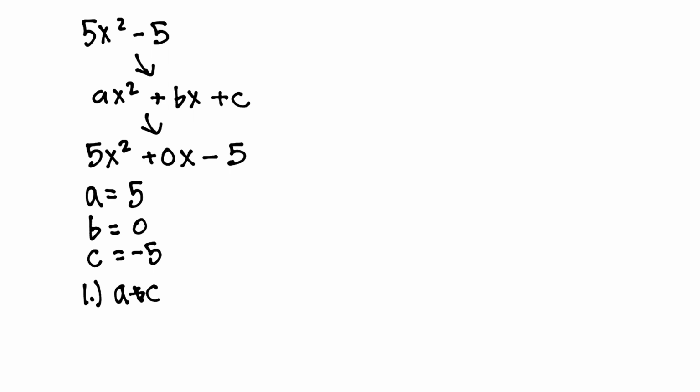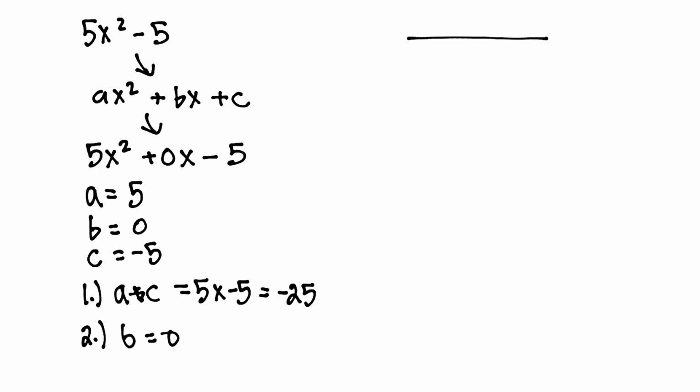So first step, let's identify a times c. That's going to be 5 times -5, which is -25. And now our b is equal to 0. So if we look at our MA table, we want two numbers that multiply to -25 and add to 0.